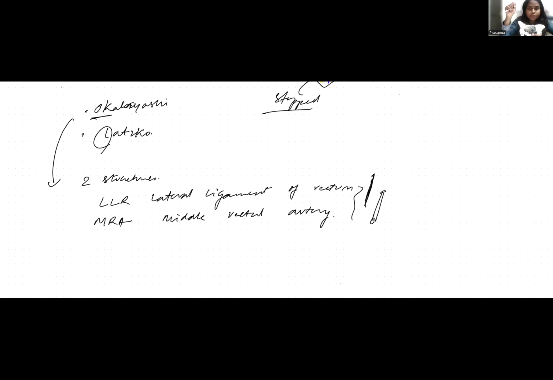Even in deep infiltrating endometriosis, careful dissection is done in Okabayashi space. The third significance is LUNA, laparoscopic uterosacral nerve ablation. So the importance of Okabayashi space: one, nerve sparing surgeries; two, pelvic lymph node dissection; three, LUNA.